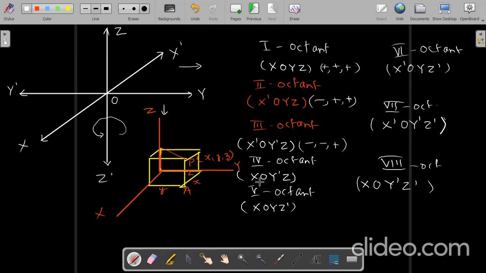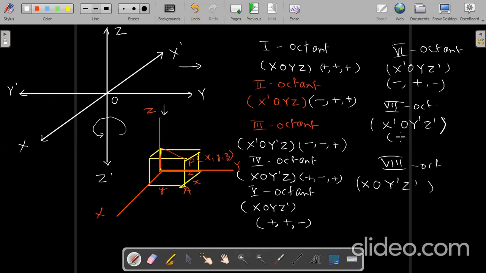Here x is positive, y is negative, z is positive in the fourth octant. In the fifth, x is positive, y is positive, z is negative. In the sixth, x dash means x is negative, y is positive because y has no dash, and z has a dash, so negative: minus, plus, minus.